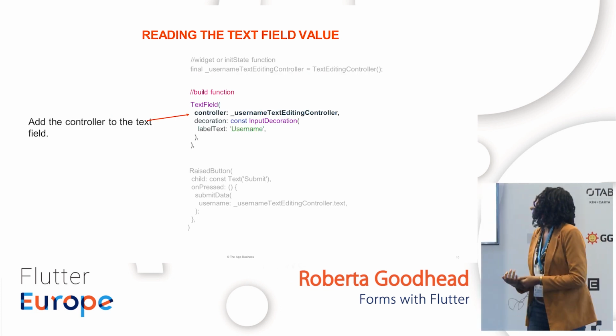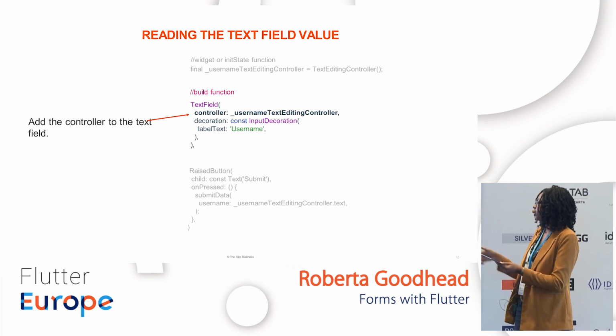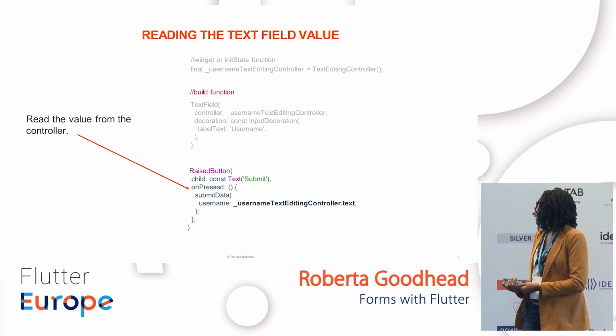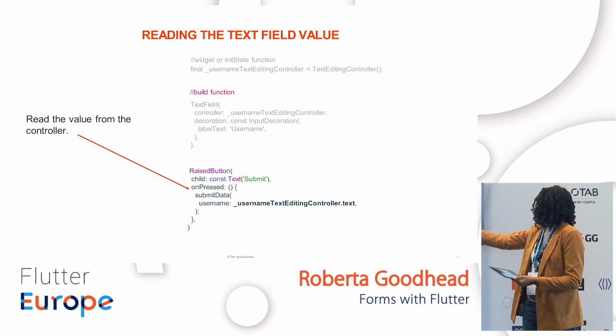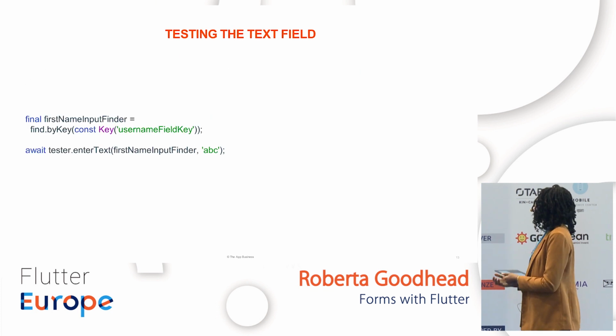Cool. And then you can see that we are passing the text editing controller to the text field. And then finally, we are reading the value using the .text value here. Okay.